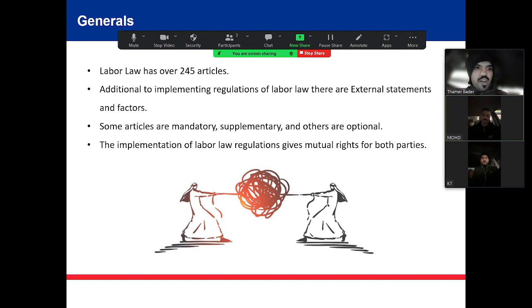Khalaf, do you have any idea of the external statements? Yeah, actually, the external statements, such as the ministry statement and the royal statement, like what happened in the World Cup, when Saudi beat Argentina, we got 2 days off. Nice example. That's right. When that happened, there was no article describing the vacation and how to get it in Saudi labor law.